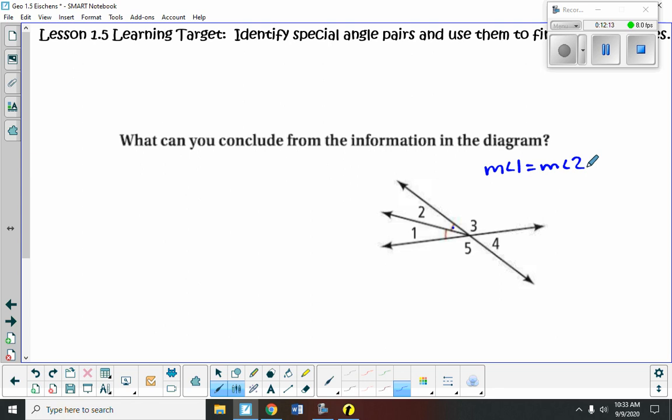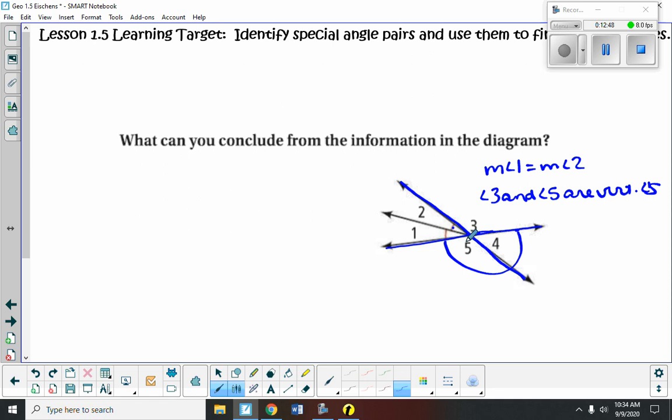Well, let's see. Angle 3 is right here. And angle 5, if I extend this line, and if I extend this line, I get angle 5 over here. Angle 3 and angle 5 are vertical angles. And then I also can conclude that angle 4 and 5, these two right here, are supplementary.